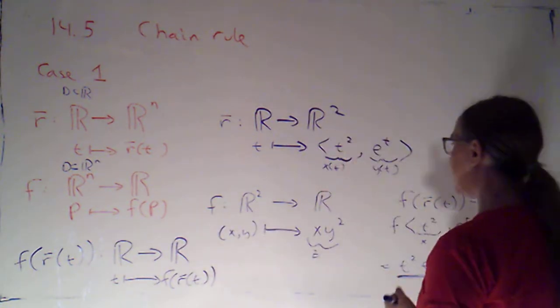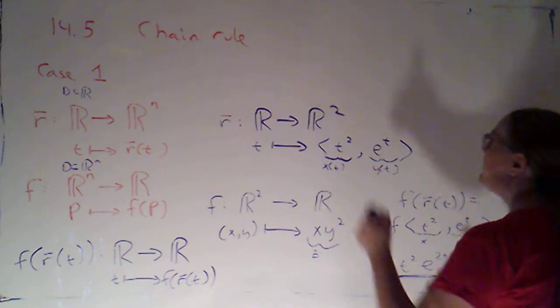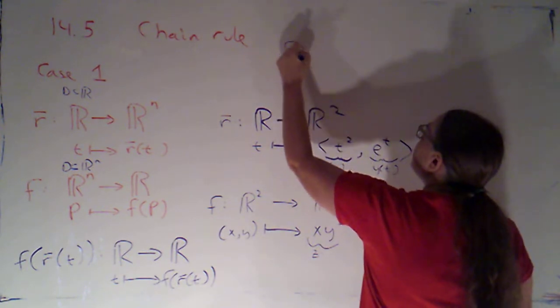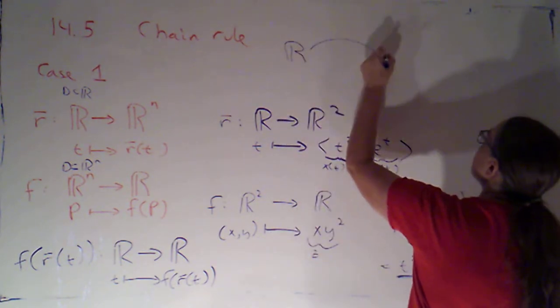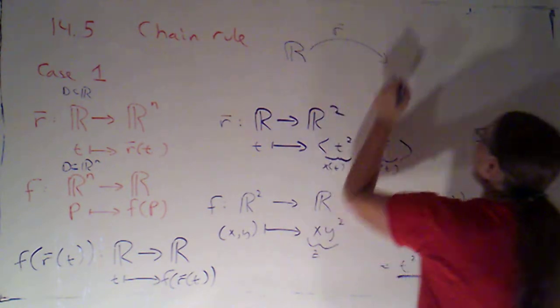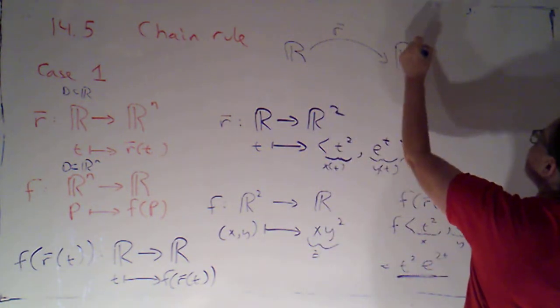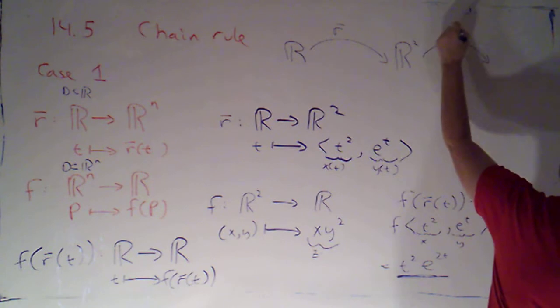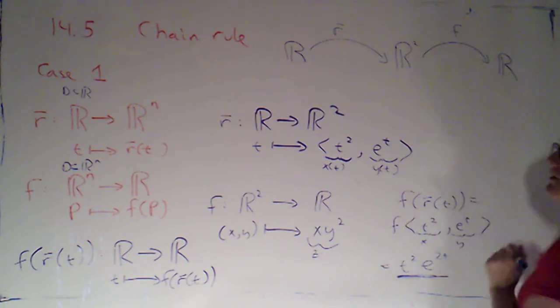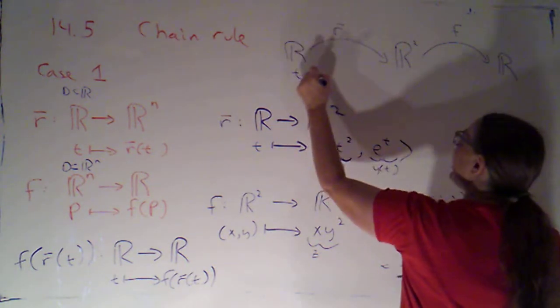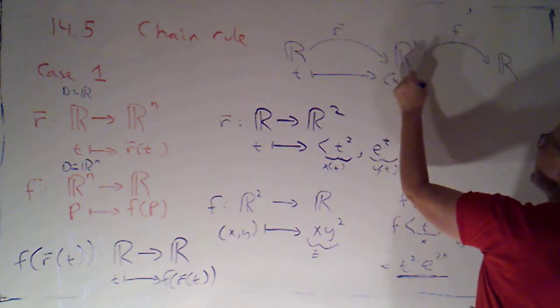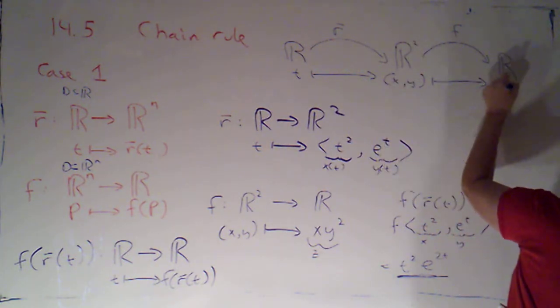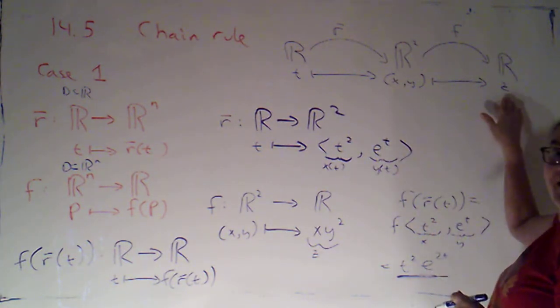So what's happened, I can sort of draw a diagram for this, is we started in the real numbers, we applied the function r to get to 2 space, and then we applied the function f to get back to the real numbers. So we took a t value to a point (x, y), and then we mapped that to our z value.